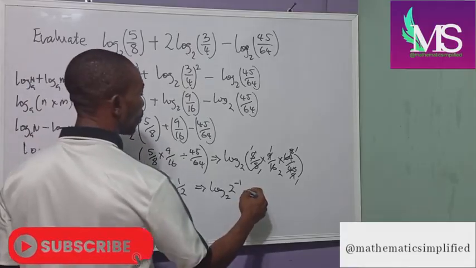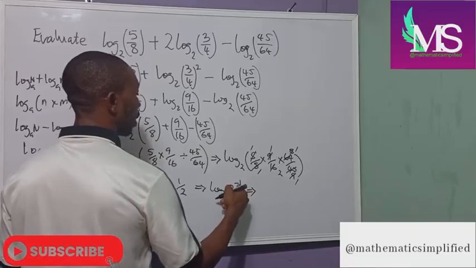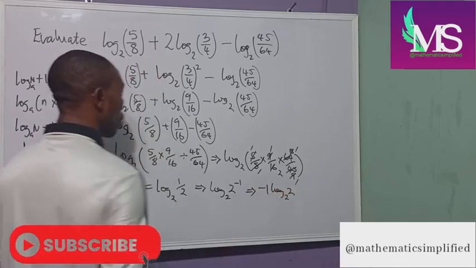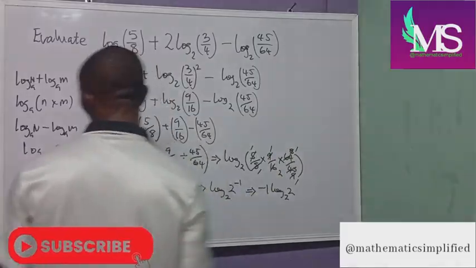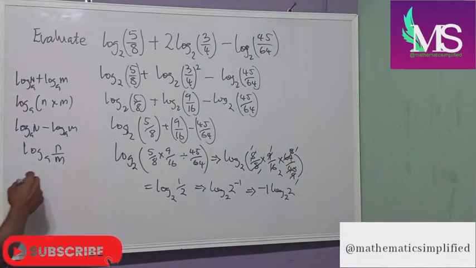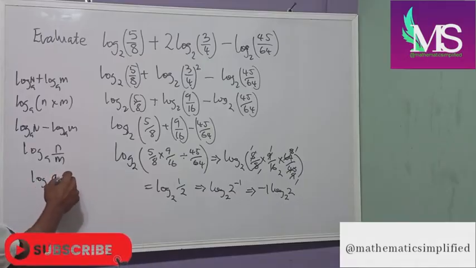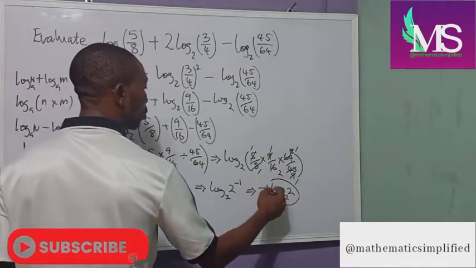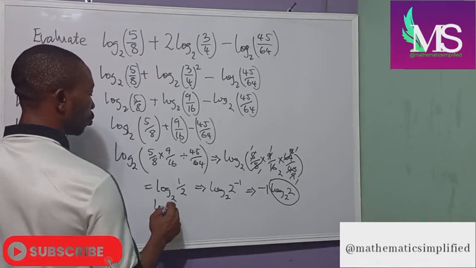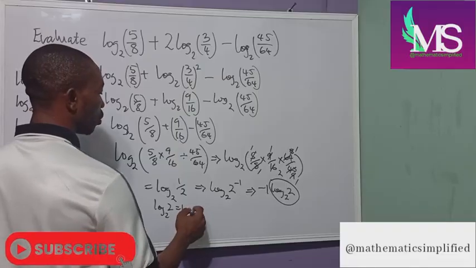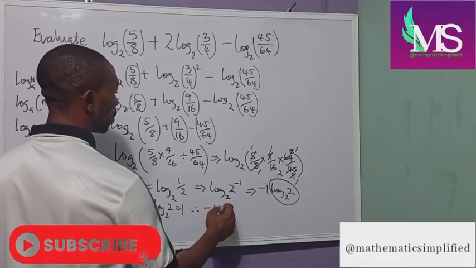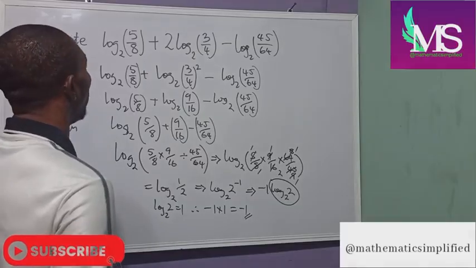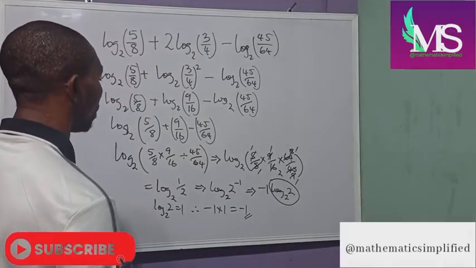Bringing our power down, this becomes minus 1 times log 2. But let's remember that log a of a equals 1. So likewise, log 2 of 2 equals 1. Therefore this becomes minus 1 times 1, which gives us minus 1. So the answer to this will be minus 1.